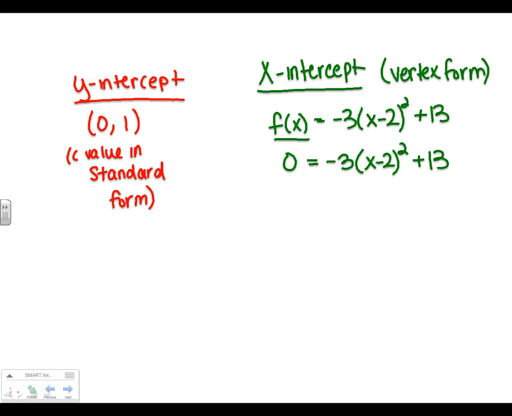So now all we have to do is solve and get x by itself. Don't multiply it all out, because then you're going to have to refactor or recomplete the square. We already did all the work for completing the square. So just undo, work backwards.